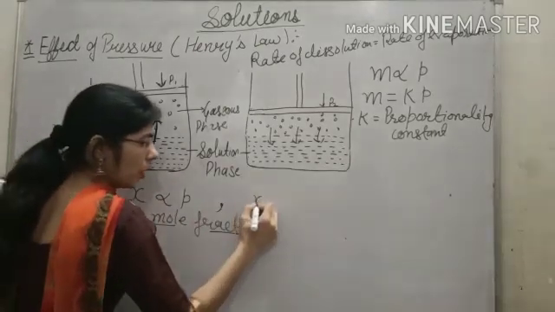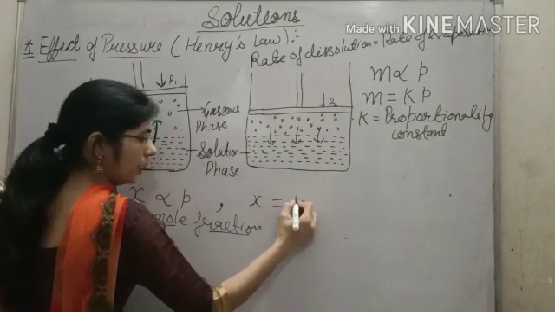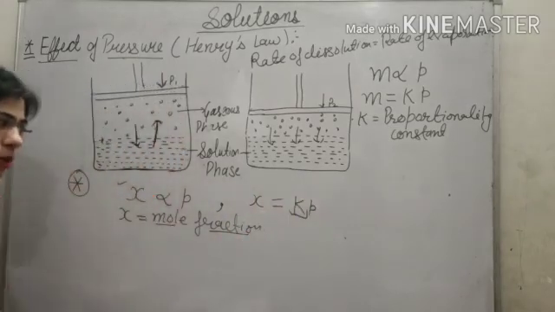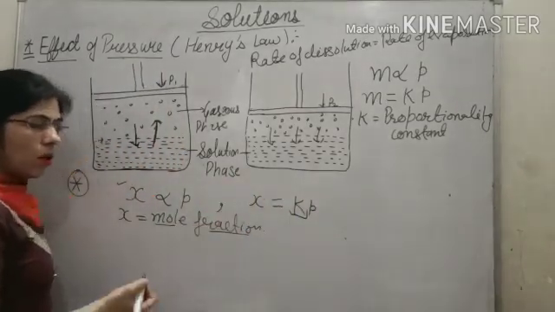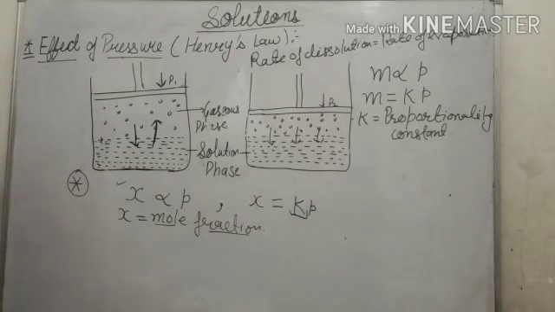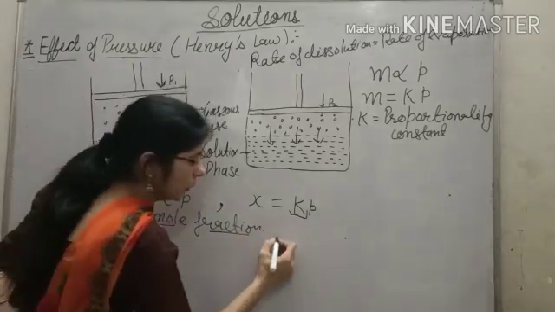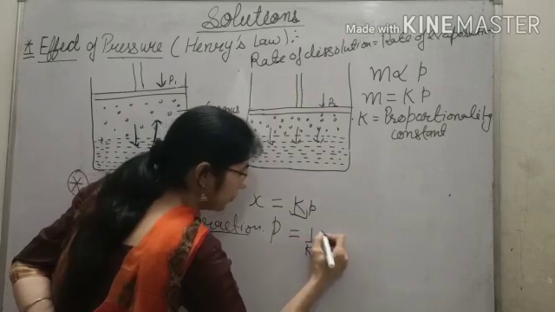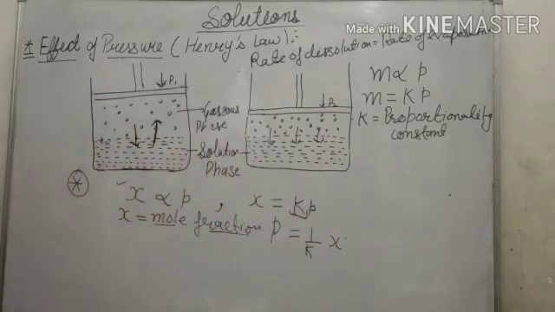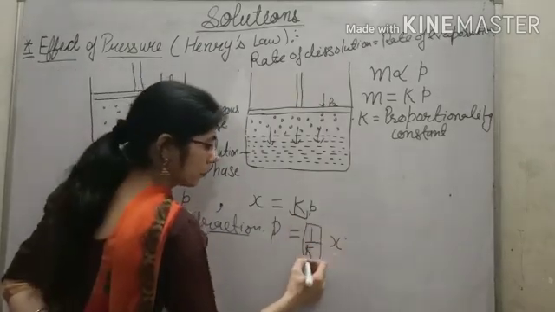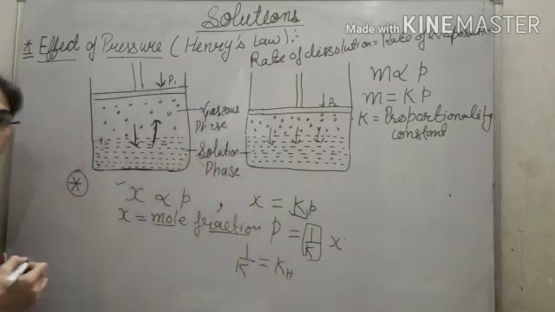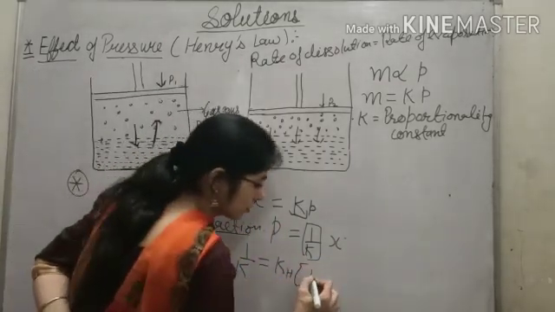And now X is equal to KP, and K is again a proportionality constant, and it also depends upon the nature of the gas. This can also be written as P is equal to 1 by K into X. Okay, and 1 by K is equal to KH, a new constant that is known as the Henry constant.